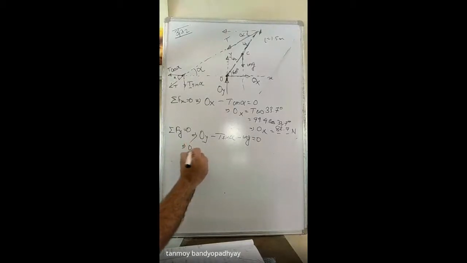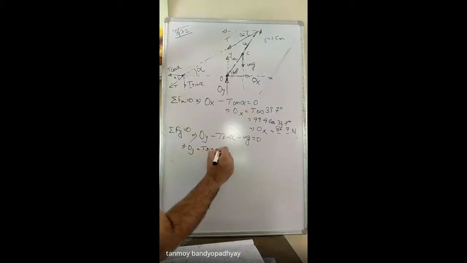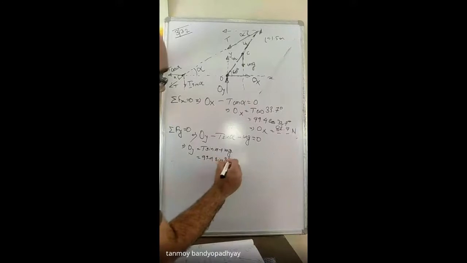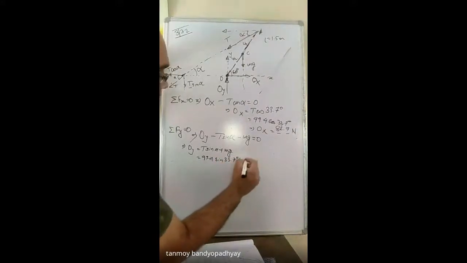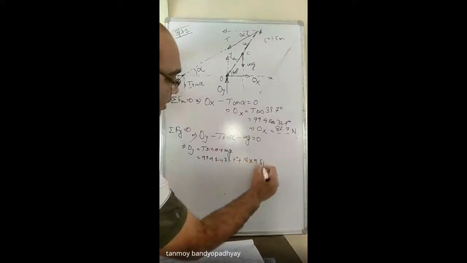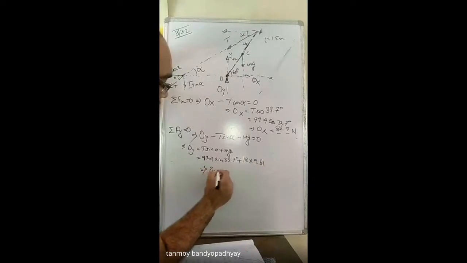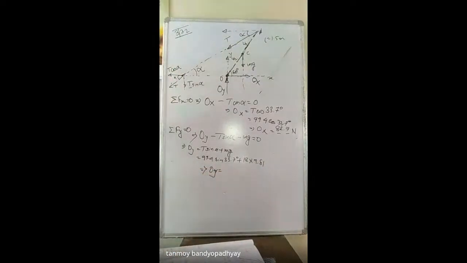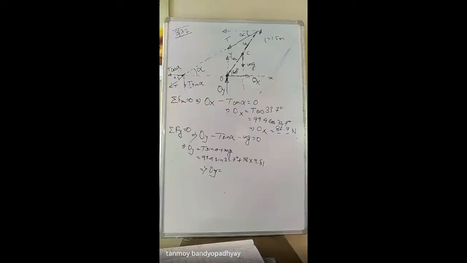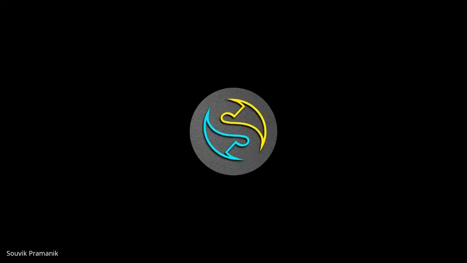So OY will be equal to T sine alpha plus mg. T was I think 99.4 into sine 33.7 degree plus mg, so 18 into 9.81. Just calculate what value of OY you are getting. Sir, 231. 231.7.